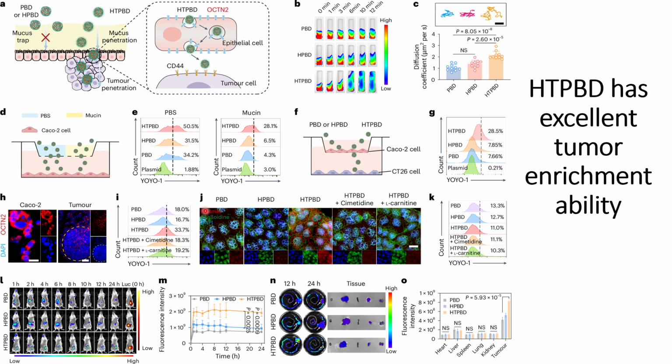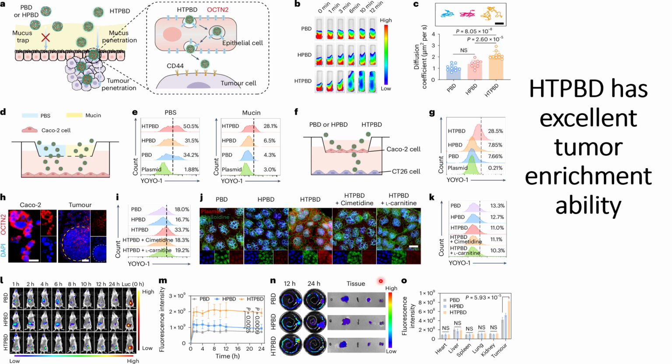And the immunofluorescence images are also shown here, where we can see that with HTPBD, compared to PBD and HPBD, the plasmid signals are higher, and when they use the cimetidine and L-carnitine, the signals go down.